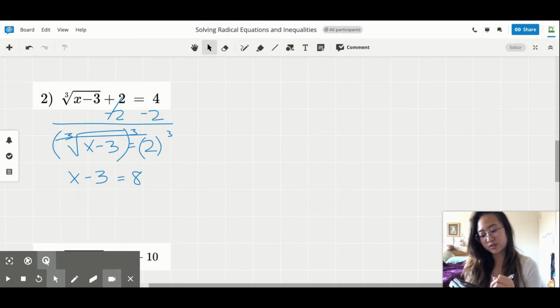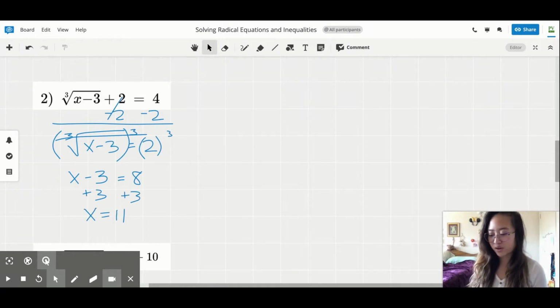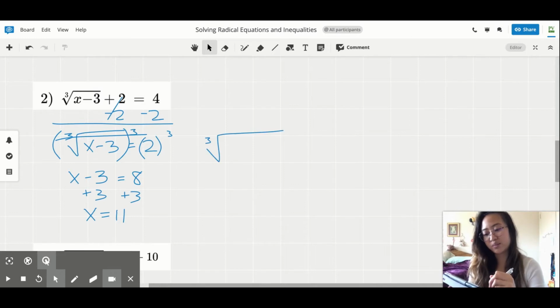Further solving, we get x equals 11, but we have to check whether that's true or not. So plugging it back into our original equation, cubic root of 11 minus 3 plus 2, does this equal 4?